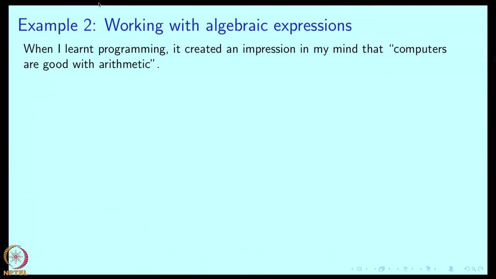The second example for medium-sized programs comes from working with algebraic expressions. Now, when I learned programming in college, it somehow created an impression in my mind that computers are good with arithmetic.